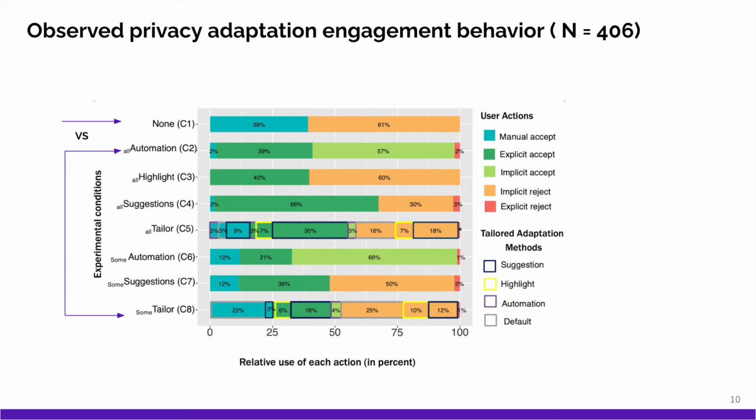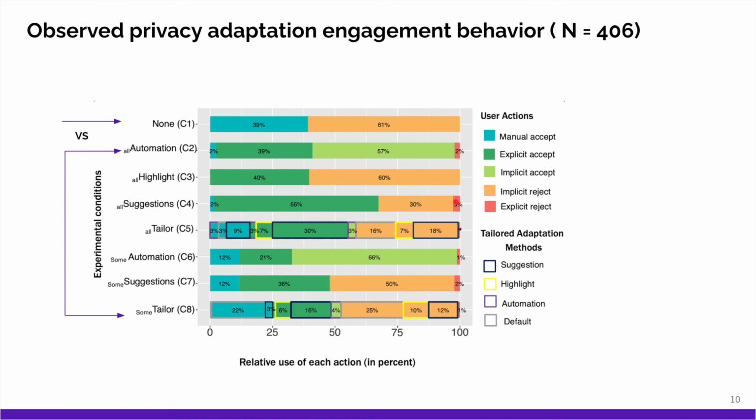Or they implicitly rejected, which is basically they either ignored the highlighted feature or the suggested adaptation, or simply didn't interact with the privacy feature at all, or explicitly rejected, which is basically the participant explicitly rejected the suggestion by clicking rather not, or the adaptation feature by clicking undo.